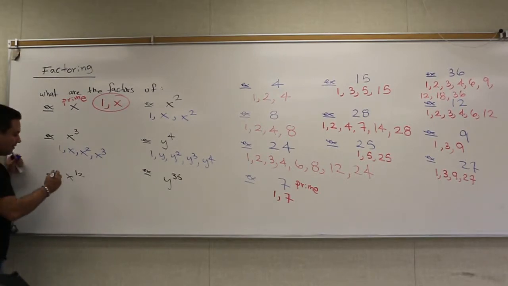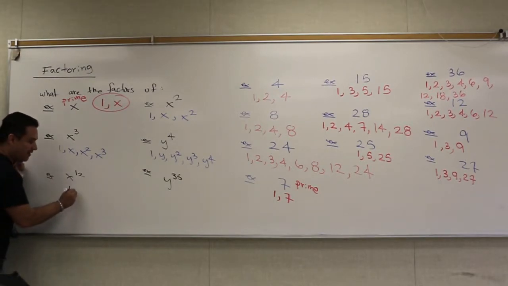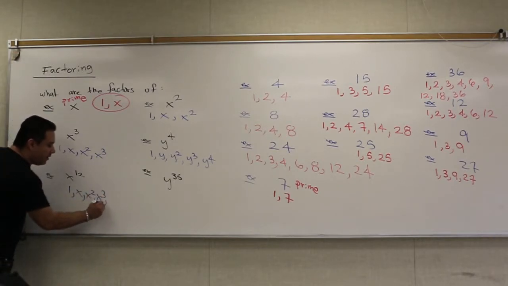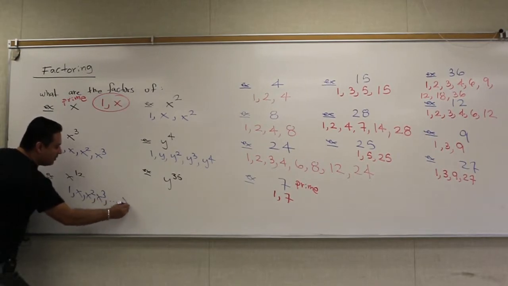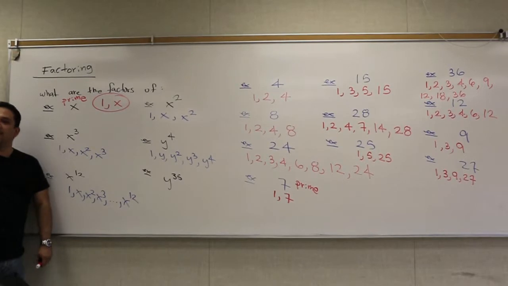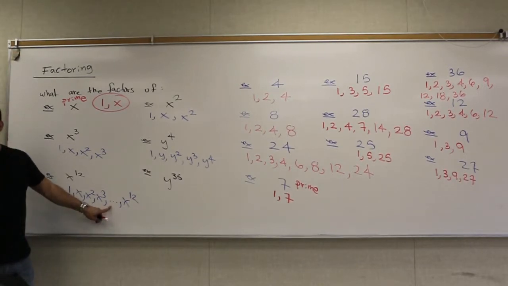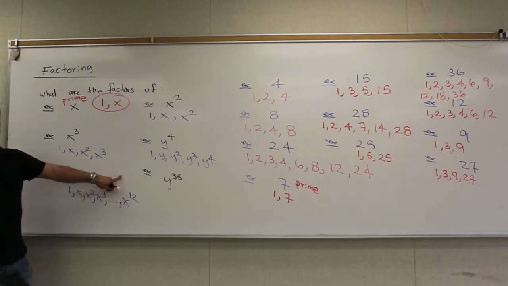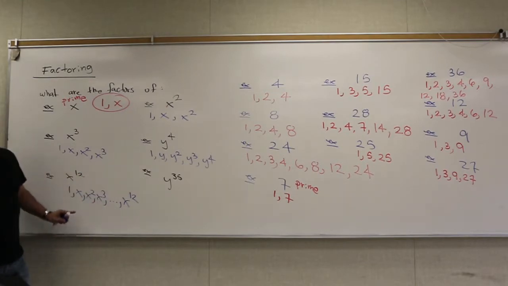What are you going to start with? 1, and then x, and then x squared, and then, you know what we're going to do? Let's put 3 dots and then put an x to the 12th. You okay with that? Meaning that pattern continues. What's the pattern? The powers are increasing by 1. This is called ascending order, not descending.